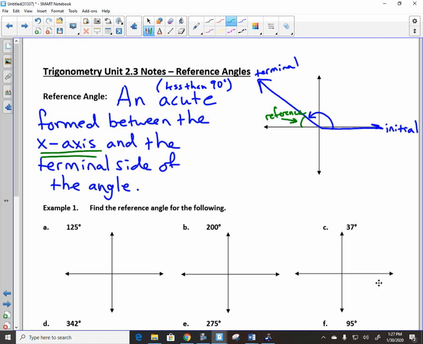Sometimes people try to find a reference angle to the y-axis. It's always to the x-axis. So our answer needs to be somewhere between 0 and 90. If this is a 140 degree angle, anybody want to tell me what the reference angle is? 40. That's it.